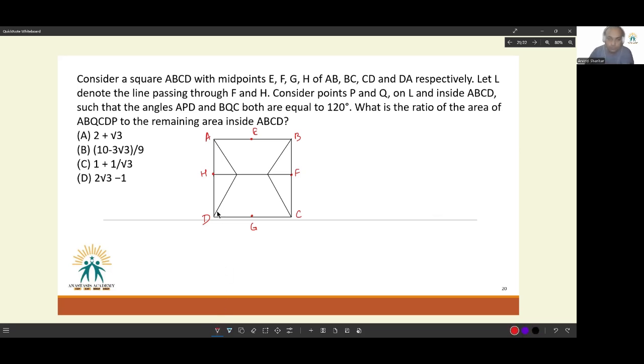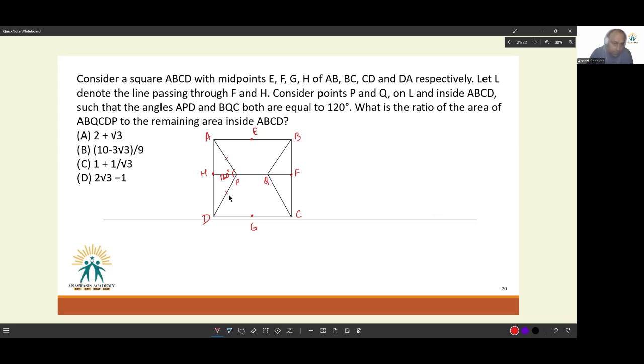Okay. This is P. This is Q. Okay. Now, this is 120 degree. This is 120 degree. Cool. If this is 120 degree, also see the line passing from here.